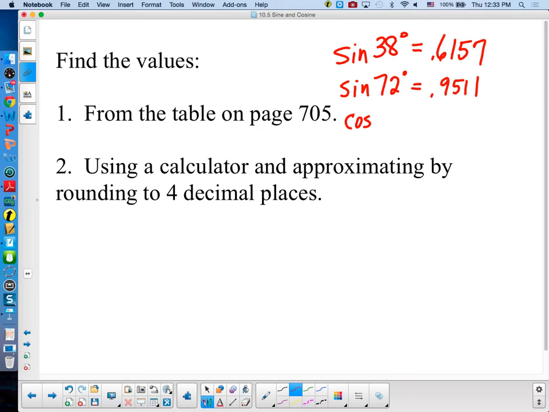Cosine of 58 degrees. Cosine. Cody, what you got? Didn't look, is that right? Yeah. Okay, and then cosine of, let's go real small, 14 degrees. Jaden?